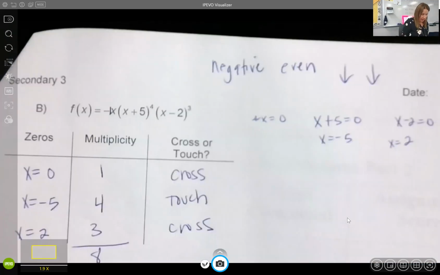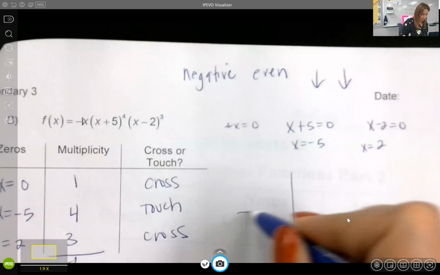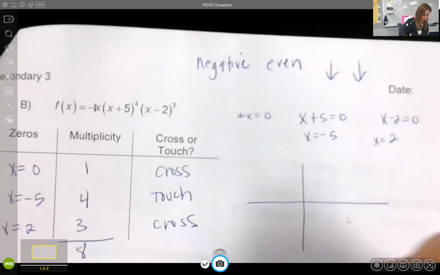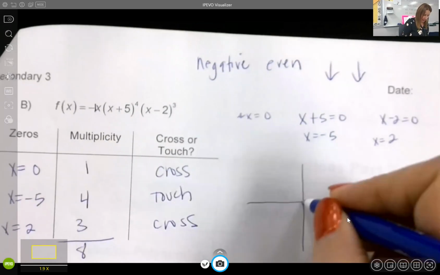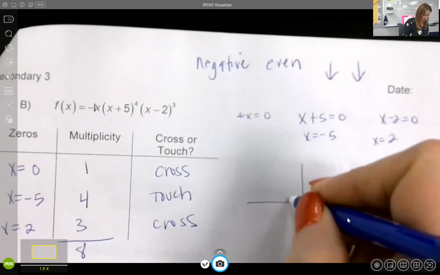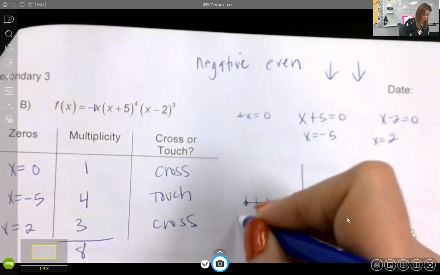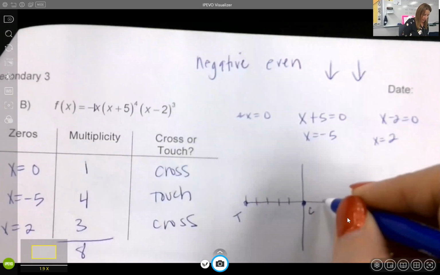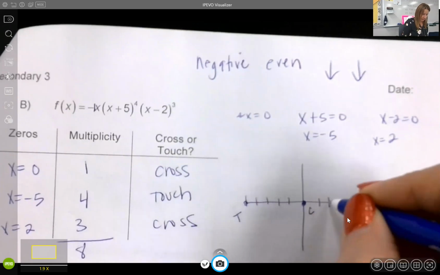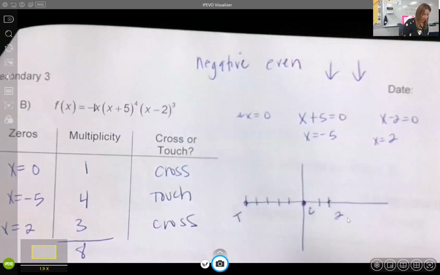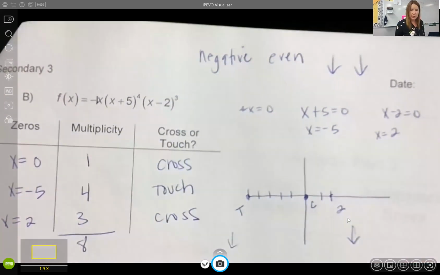Okay, so to sketch this graph, I have a negative even that's going to cross at 0. It's going to touch at -5, and it's going to cross at 2. And I know it's going to be down here and down here, because of my negative even.